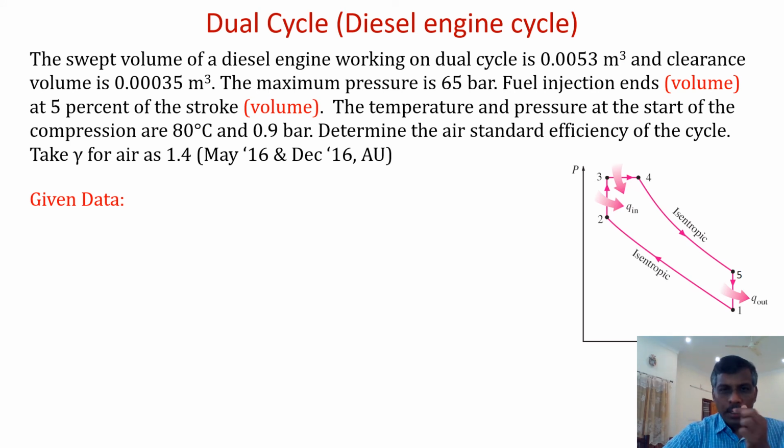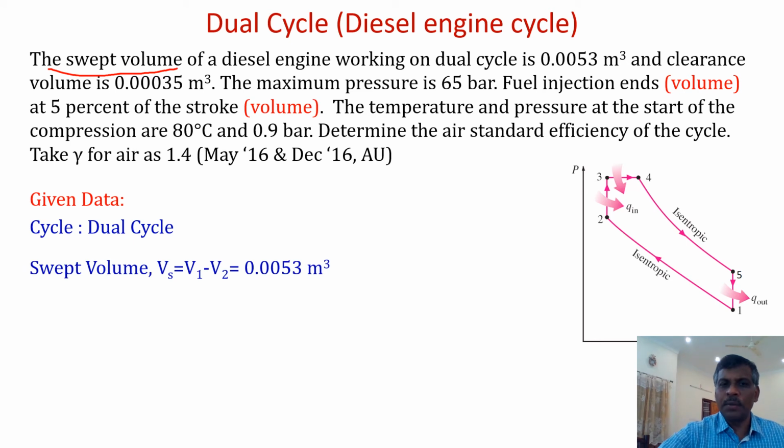Here you can see what data are given. They have given the swept volume, pi by four d square, of course, it is a dual cycle. Swept volume is V1 minus V2, because the process from 1 to 2 is where the piston moves from BDC to TDC.